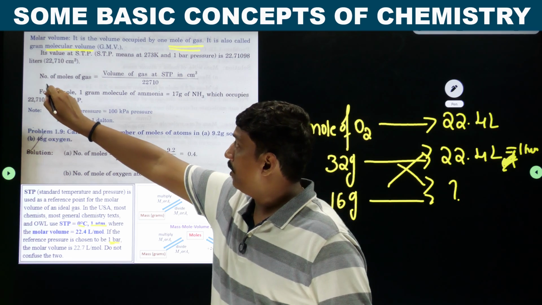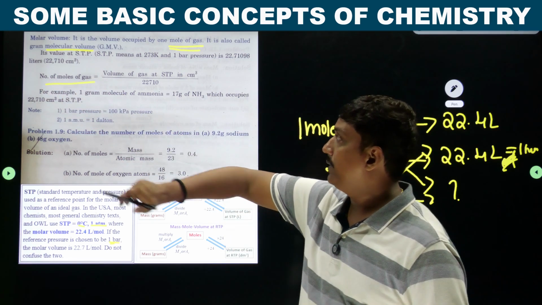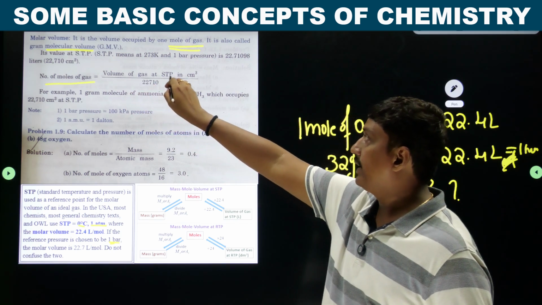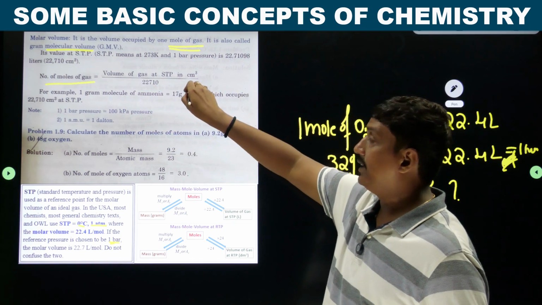By using this formula also we can calculate very easily. Number of moles of gas is equal to volume of gas at STP in centimeter cube divided by 22,710.